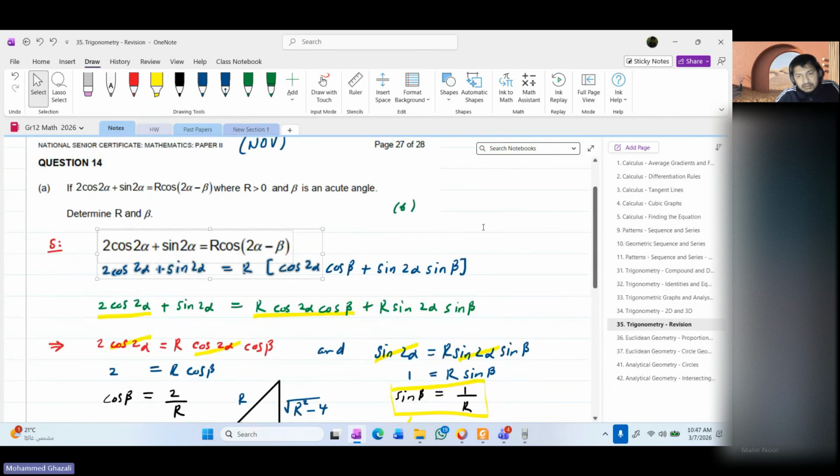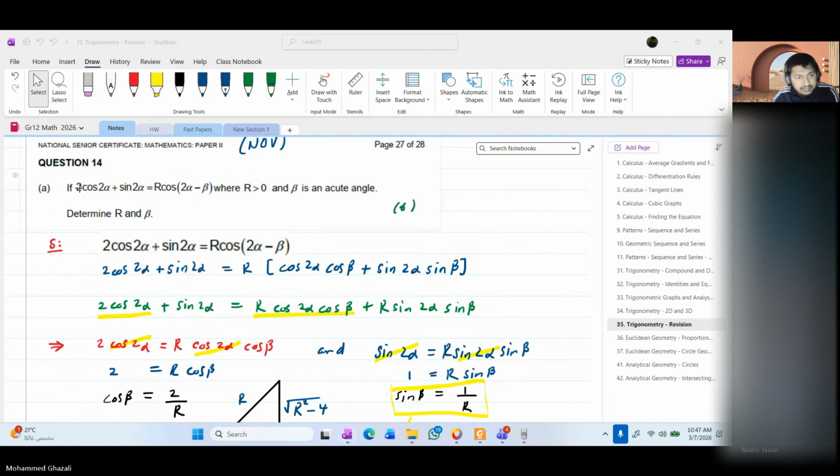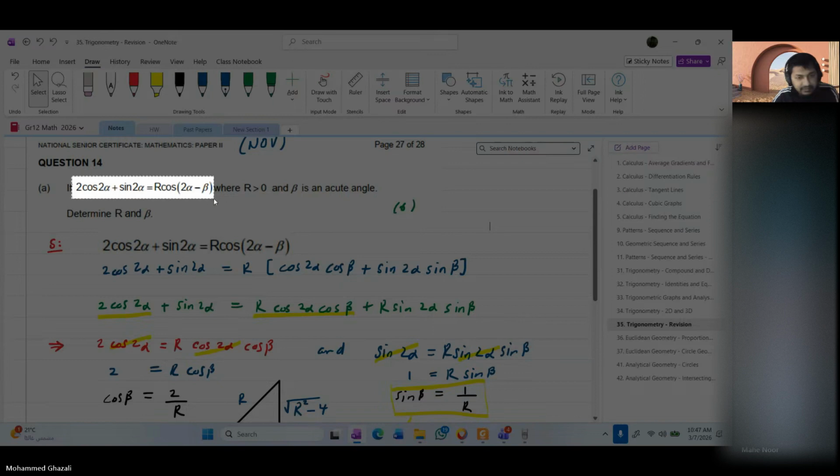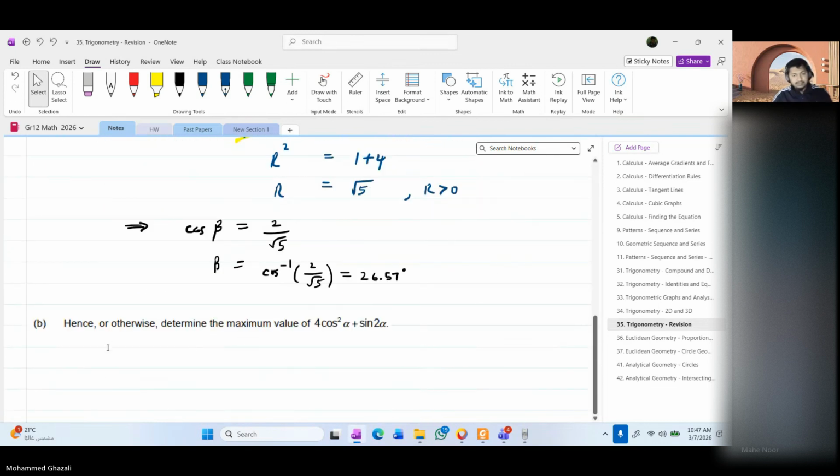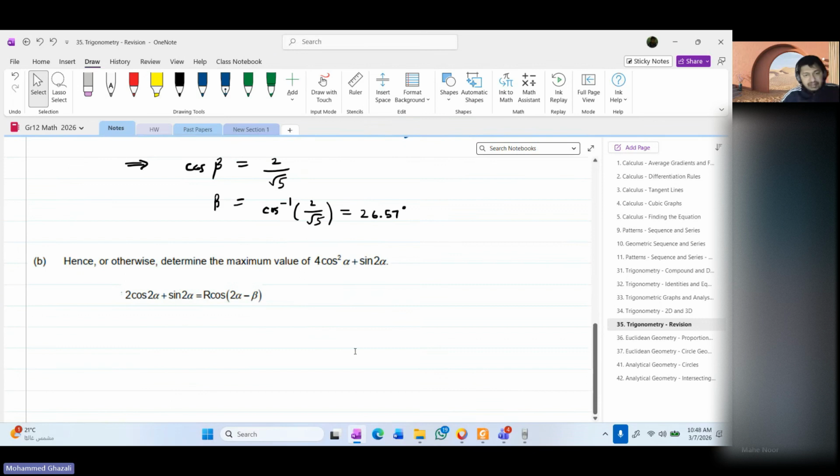Now we need to look at the top part and see how to simplify this into that.